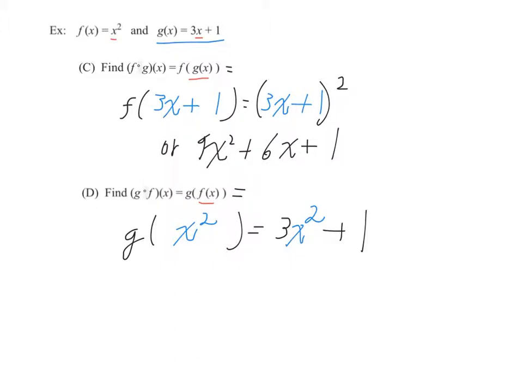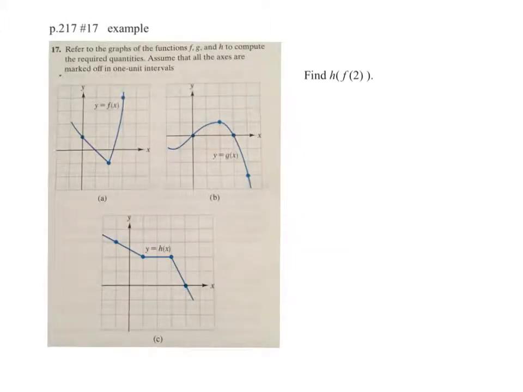One last type of problem that you'll be asked to do is like number 17. So what I did is I came up with an example problem just to show you how this works. The example I'm using refers to the graphs on number 17, on page 217. I said to find h of f of 2. So I'm going to start with f of 2.